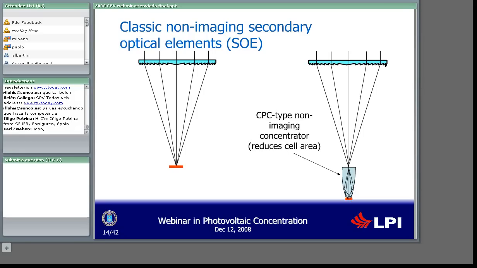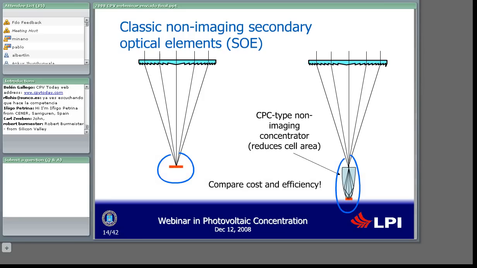And in order to compare these two systems that we are showing here, apart from the issue of the homogenization of the light, we should think about the two systems such that the two have different types of receivers. And these two receivers, a large cell and a small cell with a secondary optical element, such as the CPC, should be compared in terms of the cost of that element and efficiency.